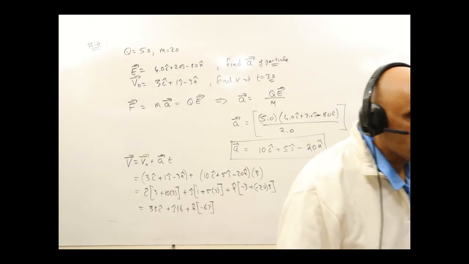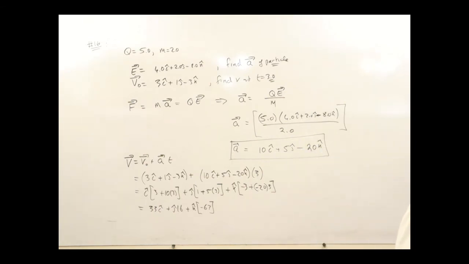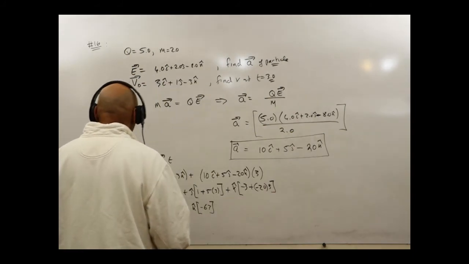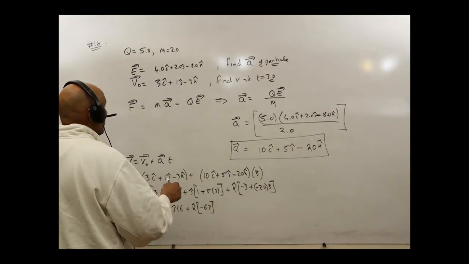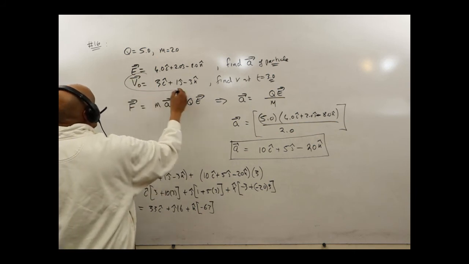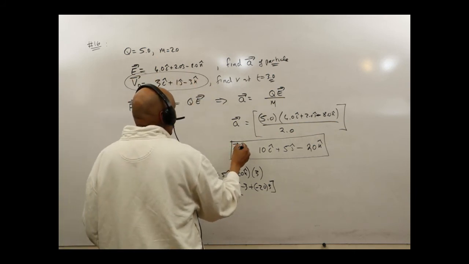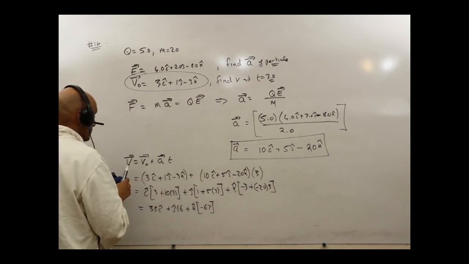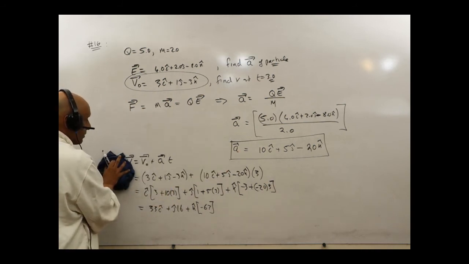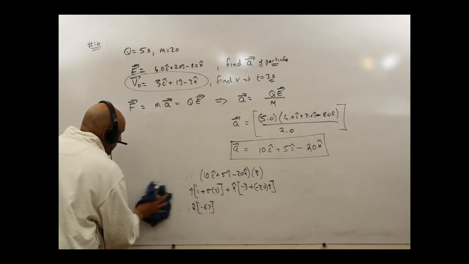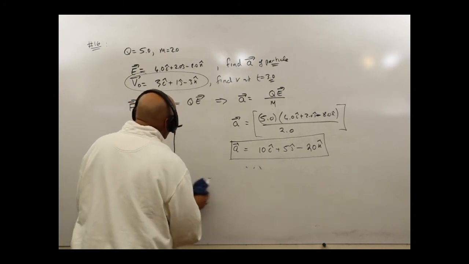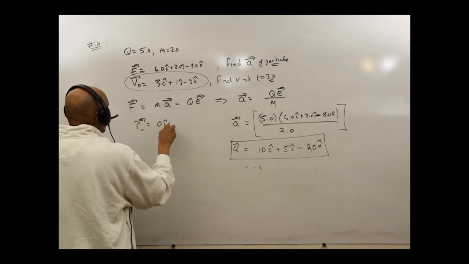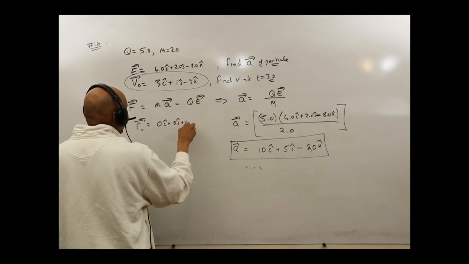We're also asked what is the position at time t equals 3 seconds, if the initial position is at the origin. I'm going to have to erase something. We have v0 and the acceleration. That's a constant acceleration, not a function of time, so we can use our second equation. We're told the initial position vector is 0i at the origin, 0j plus 0k.